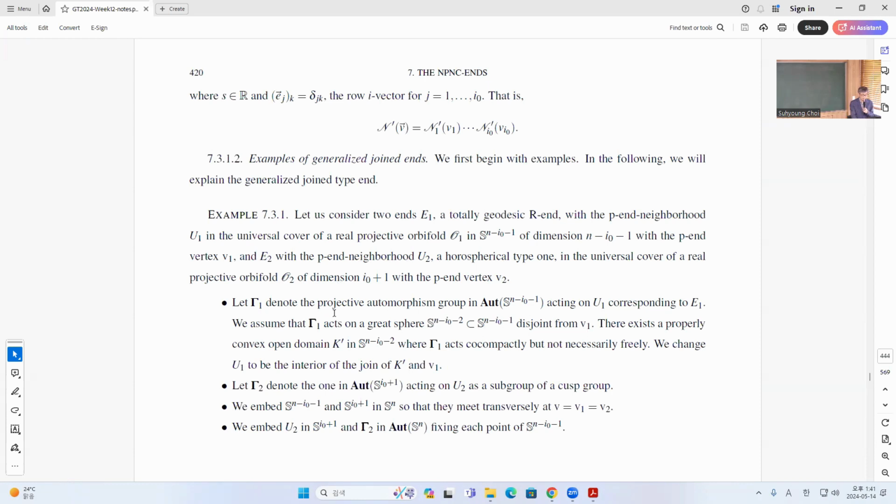So the gamma 1, the projective transformation group acting on U1 corresponding to E1, and then you can put this into a great sphere disjoint from B1 because this is totally geodesic. And there is a convex domain in here where it acts cocompactly, but not necessarily freely.